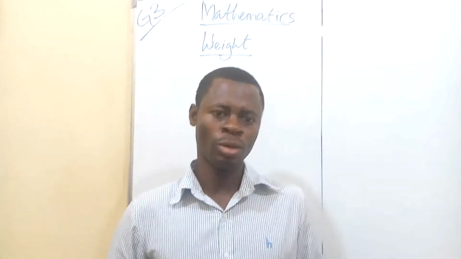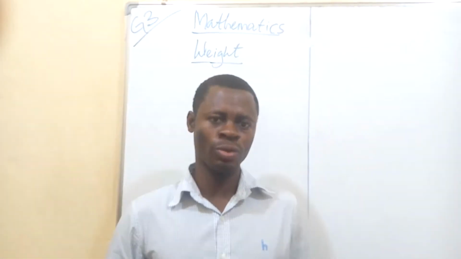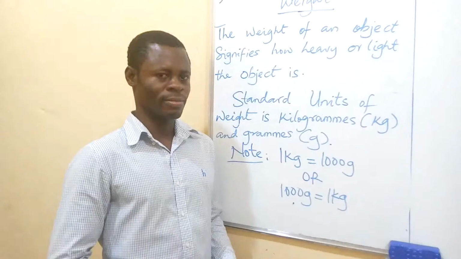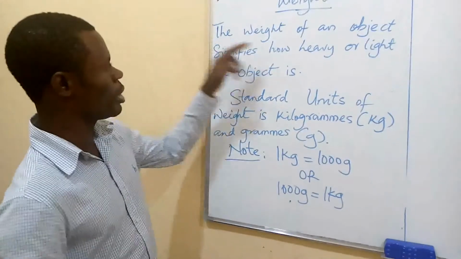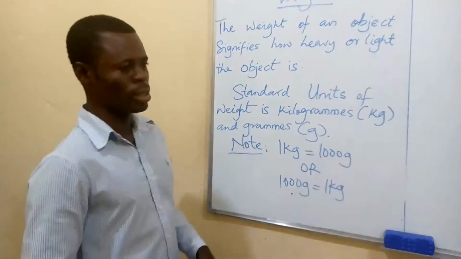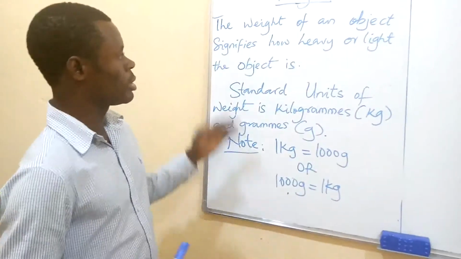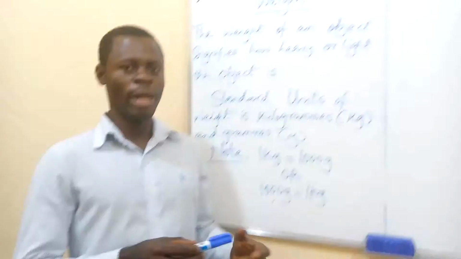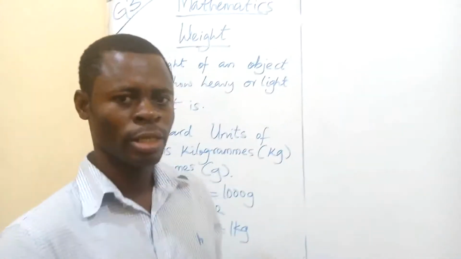So far, we have discussed the meaning of weight. We say that the weight of an object signifies how heavy or light the object is.